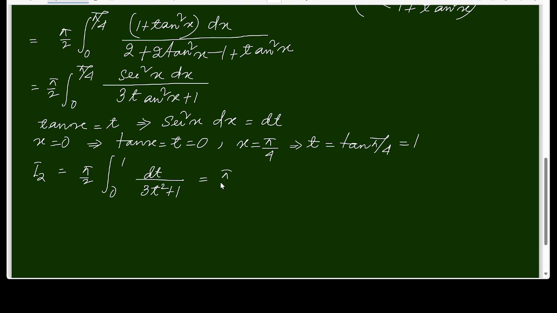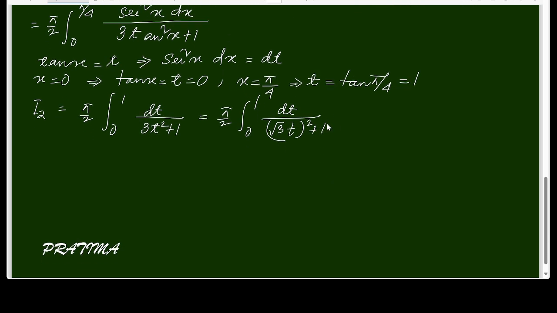Or this is pi by 2, integral 0 to 1, dt over (root 3 t) whole square plus 1. The integration equals pi by 2 into, by the direct formula, 1 by root 3, tan inverse of root 3 t from 0 to 1.